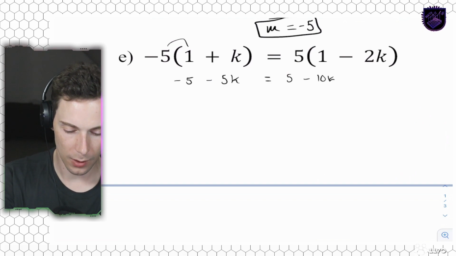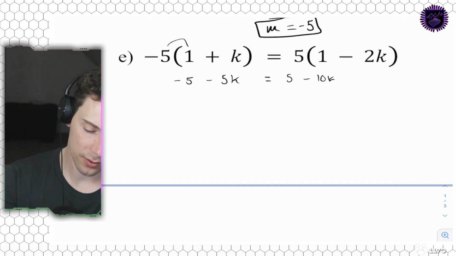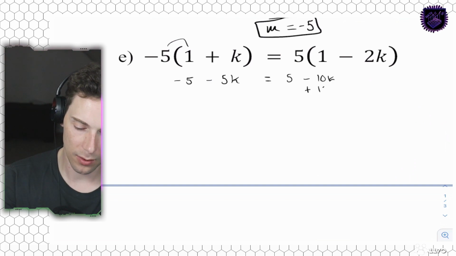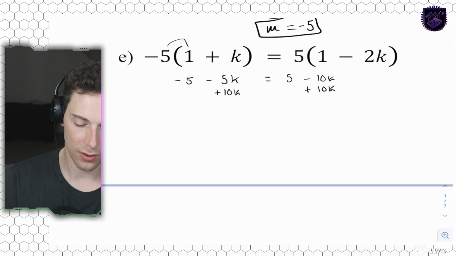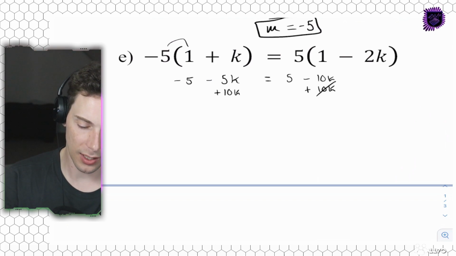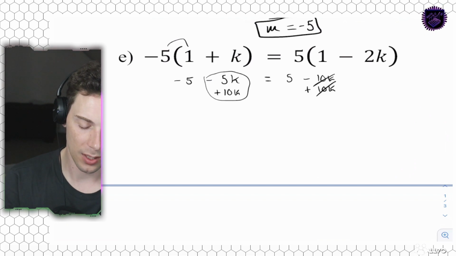Okay, we are going to add 10k. So I want to get positive k on this side. So I'm going to add 10k to both sides, just saving me one step. So this side they're going to cancel. On this side they're going to have to be added together, which is important to include this sign, because it's negative 5k.